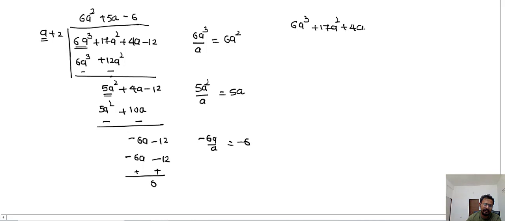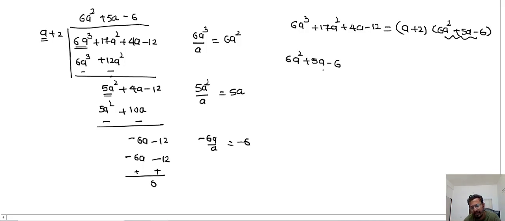Now we have to find the factors of this quadratic independently. Think of the product, which is 36, and the middle coefficient is 5, so 9 fours are 36. So we have to split 5a into 9a and minus 4a. If you have minus here, then the middle sign is given to the bigger one. Now from this, what is common? 3 is common, so 2a plus 3.